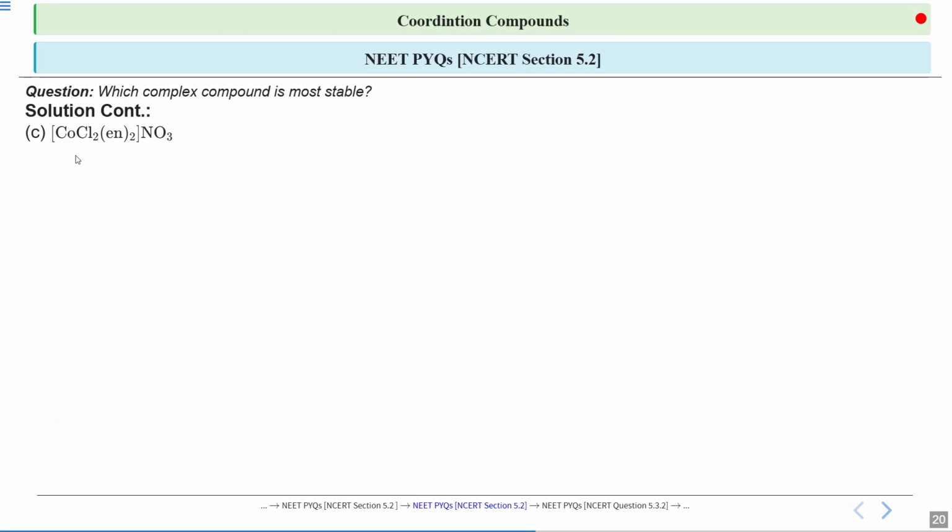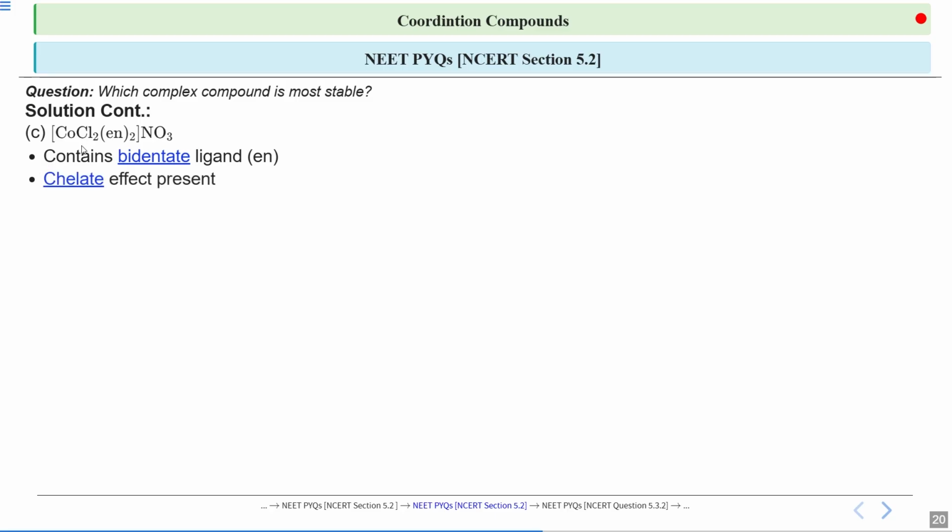The C complex is [Co(Cl)2(en)2]NO3. Now it contains a bidentate ligand, which is en, ethylene 1,2-diamine. This en is a bidentate ligand, that means it has two denticity, two donor atoms which can bind to the central metal ion, which are actually the two nitrogen atoms present in this ligand.